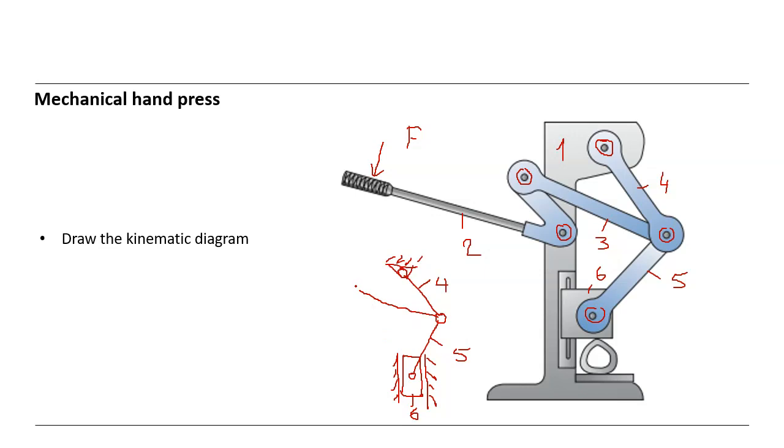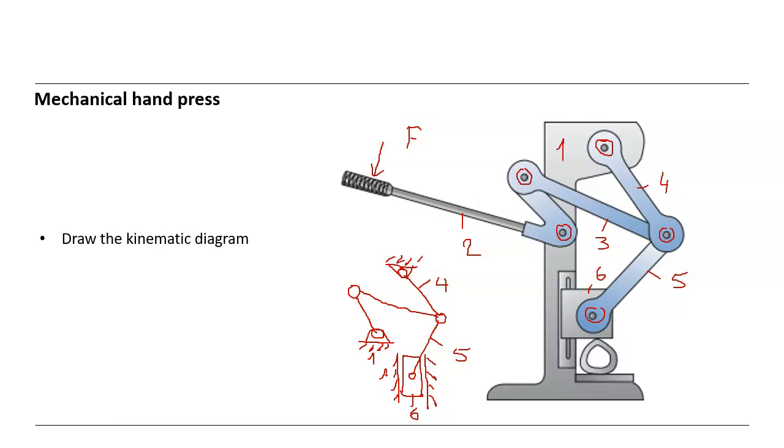And here we have a revolute joint, and here we have another one, which is also fixed here. Which we call 1.